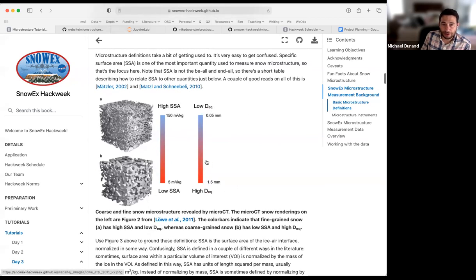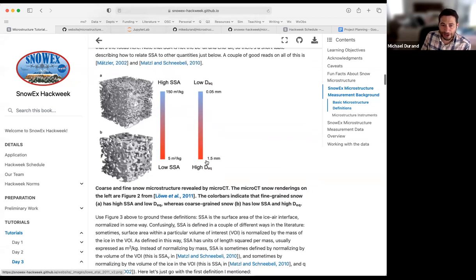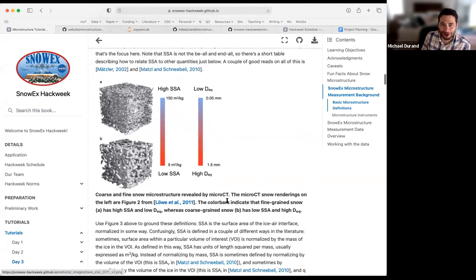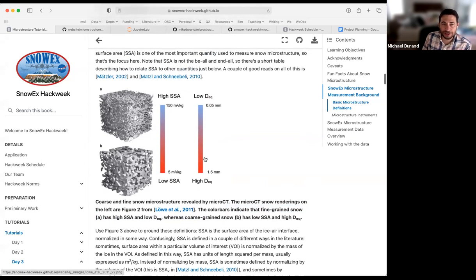I like talking about a spherical equivalent diameter, and we can go down the rabbit trail of the different ways people describe this quantity, but it's essentially just transforming that value directly into what the diameter would be for a sphere with that SSA. So you're not making any assumptions. You're not assuming that the snow has spheres at this point. It's just a transformation of the SSA to a different quantity.